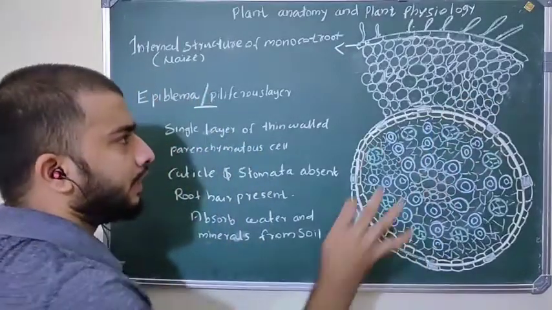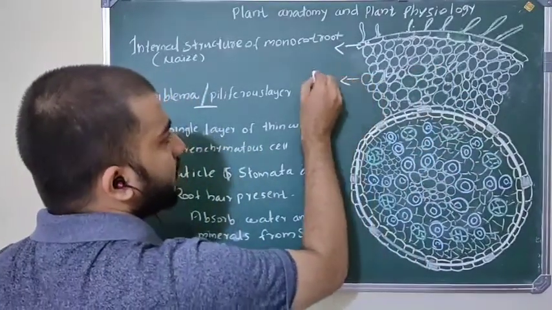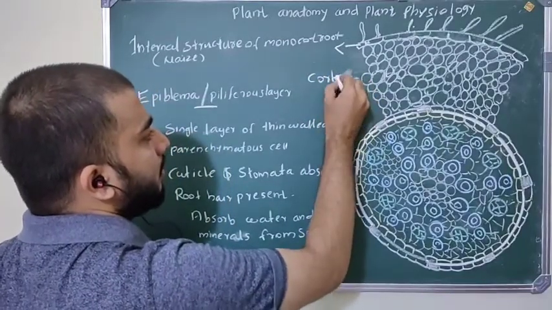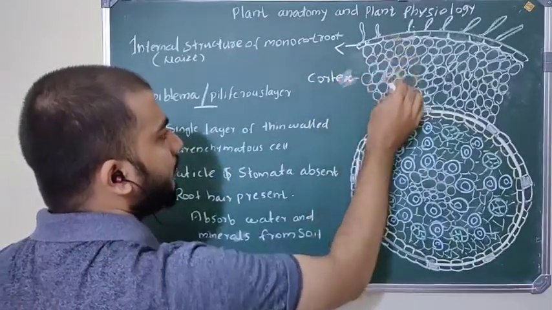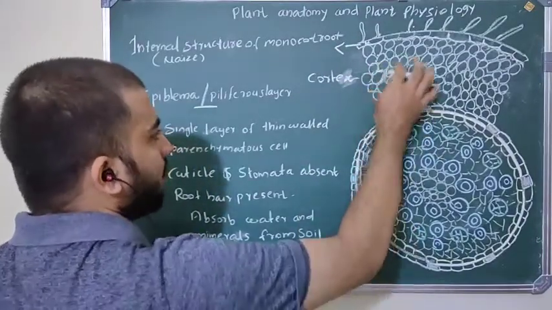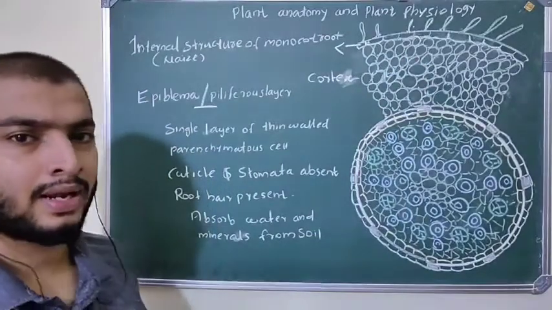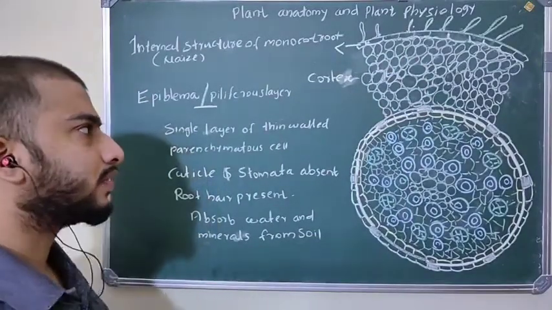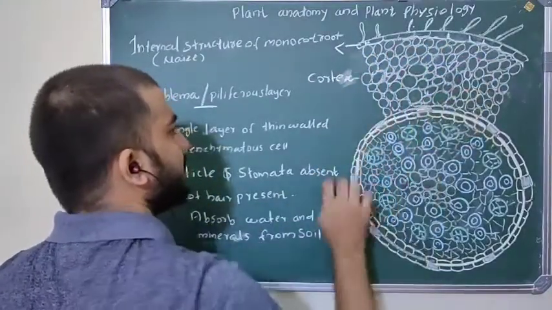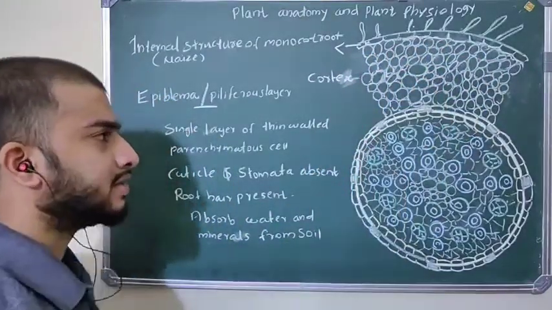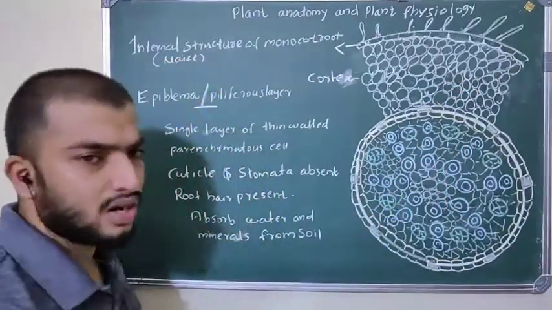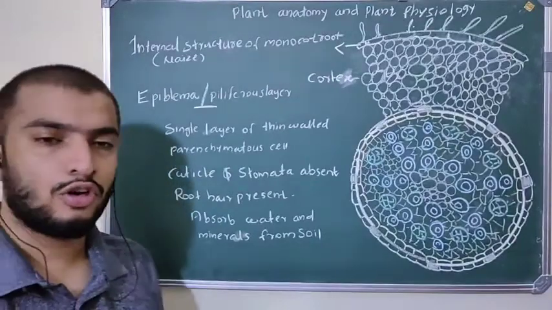This cortex is below our epiblema, and it is multi-layered. You can see many layers of parenchymatous cells with intercellular spaces, and their function is to store food material.